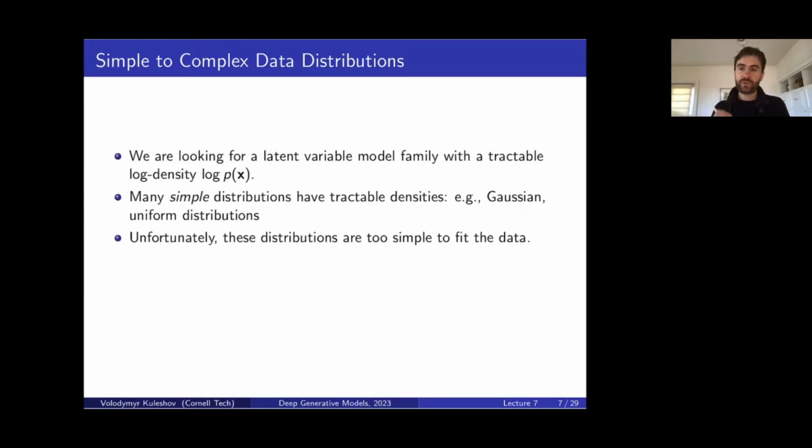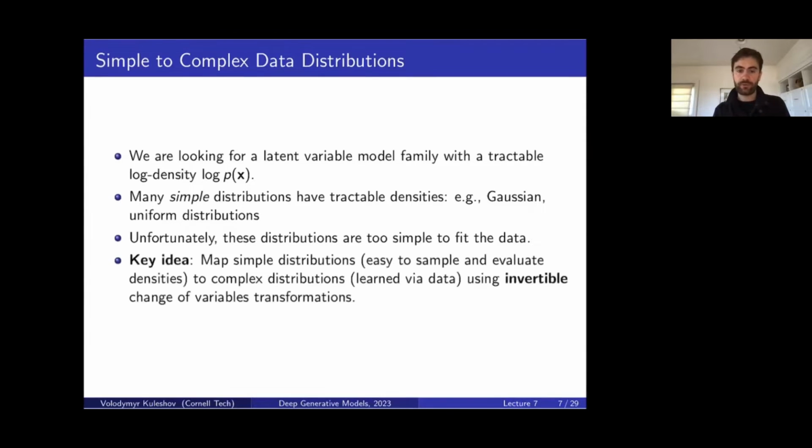The key strategy used in normalizing flows is to start with simple distributions. So we start with something simple, like a Gaussian or a uniform distribution. And then we're going to map these distributions to complex distributions using an invertible change of variable transformation.